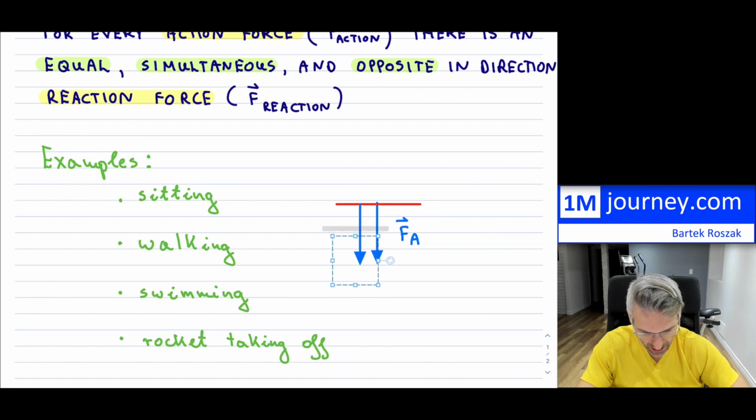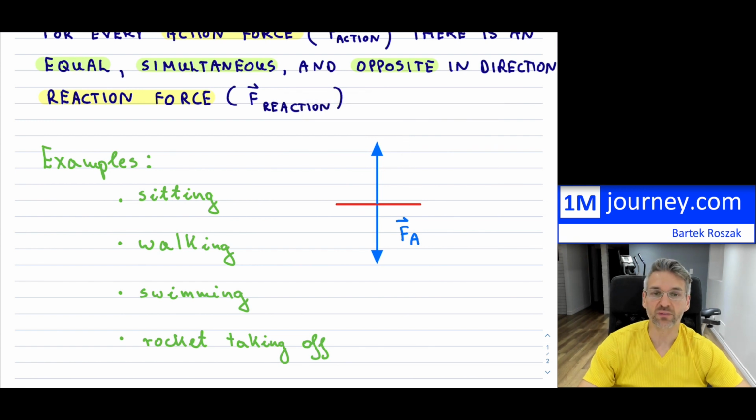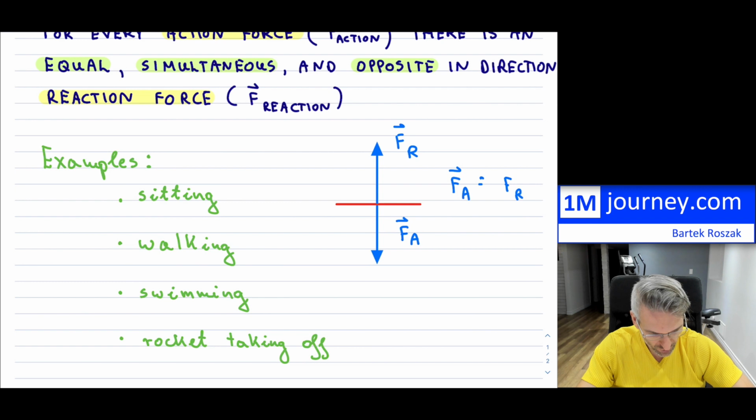It is equal to this, but opposite in direction. So it will be in that direction, which is upwards, and that would have been my force of reaction. And notice that the force of action that I'm putting is equal to the force of reaction that I have.